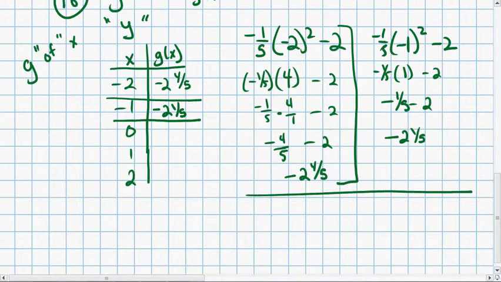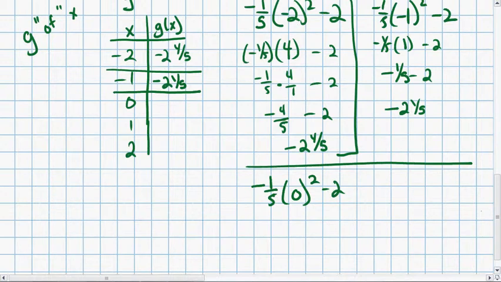How about 0? Oh, this one will be really easy. -1/5 times 0 squared minus 2. So 0 squared is just 0, times -1/5 is 0, and now I've got 0 minus 2, and 0 minus 2 is -2.